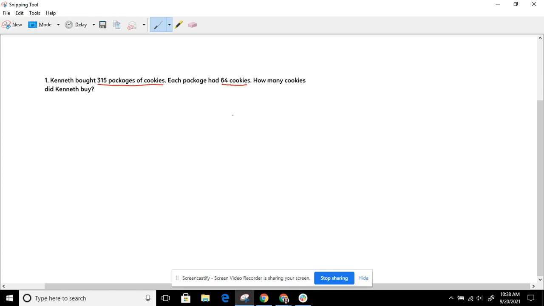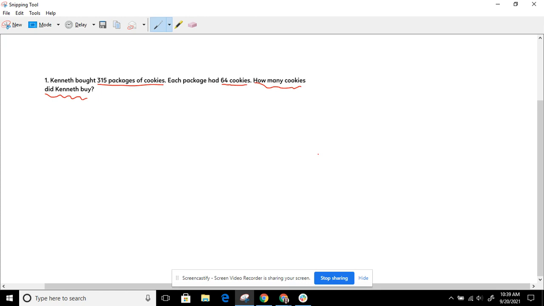Second package, 64 cookies. Third package, 64 cookies. All the way for 315 packages. That is a lot of cookies. The question here is how many cookies did Kenneth buy? So altogether, we need to figure out how many cookies Kenneth bought.